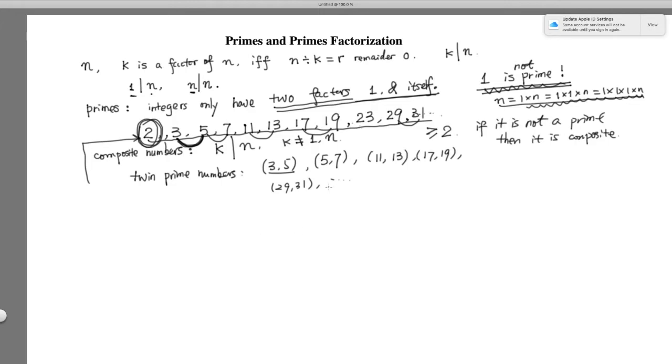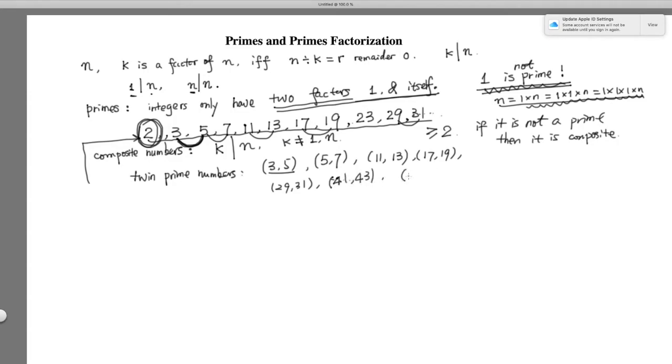But the interesting thing is, actually this twin prime number, it always comes about. After 31, the next one is 41 and 43.